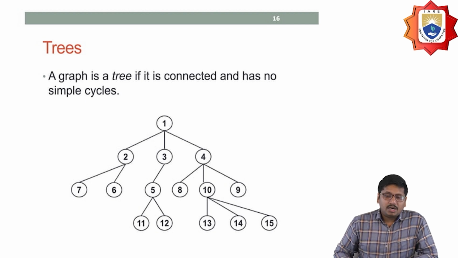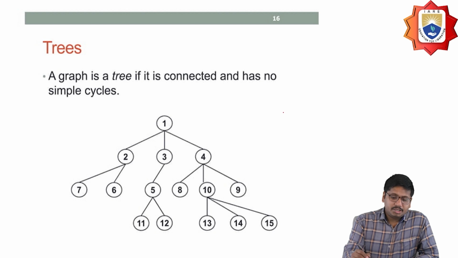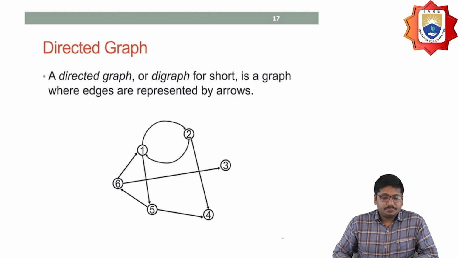So a graph may also be a tree, but a tree may not be a cycle graph. So a graph that is not a tree is going to be connected with simple cycles.